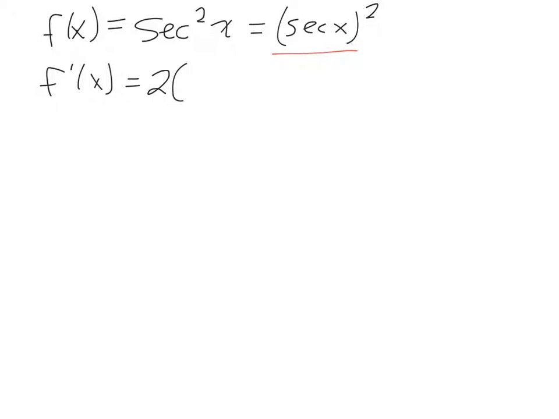Leave this alone in here and subtract 1. So that's going to be 2 times secant x to the 1 power technically. And then I have to take it times the derivative of the inside. Chain rule. Derivative of the outside, leave the inside alone, times the derivative of the inside. Well, times the derivative of secant. The derivative of secant is secant x tangent x.